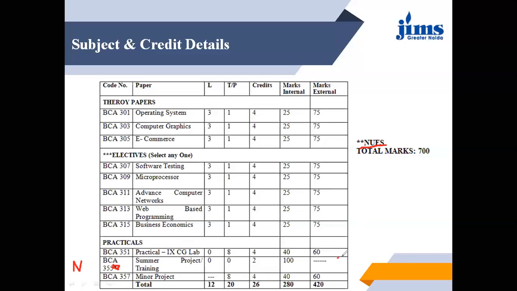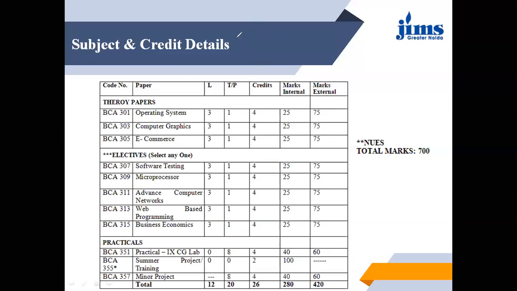There is no exam from the university side for this subject. All the marks, this is 100 marks, all the marks are internal marks. So this is a NUES subject. I hope you studied these subjects in first year as well as in second year also.